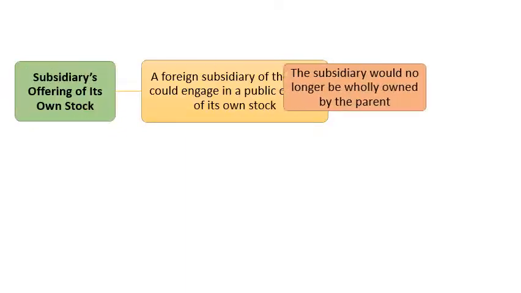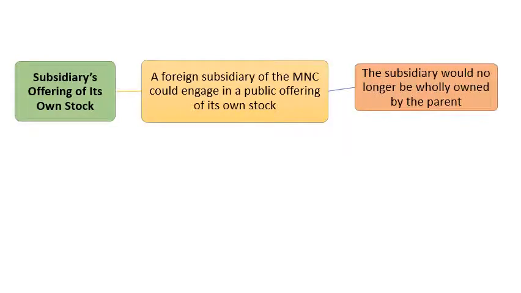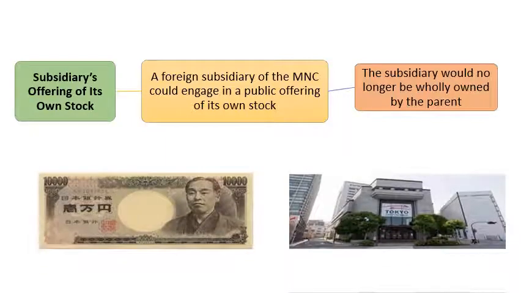The second disadvantage is the agency problem between the managers of subsidiaries and the managers of the parent's stockholders. For example, they may use funds for projects that are feasible from their perspective, but not from the parent's perspective.